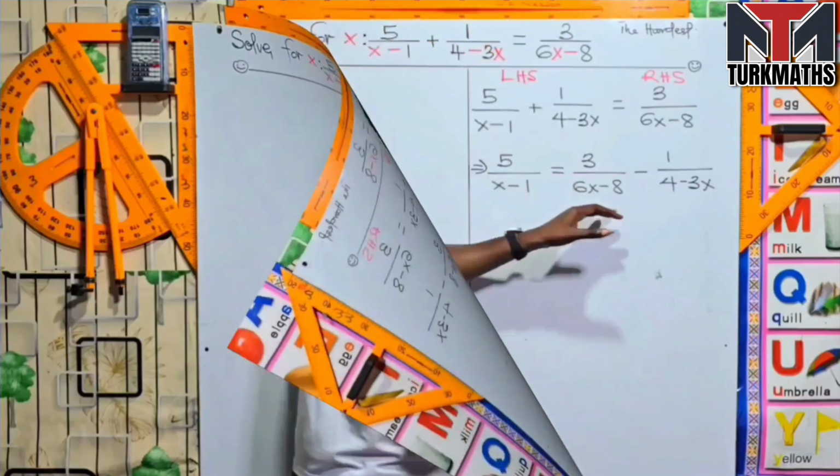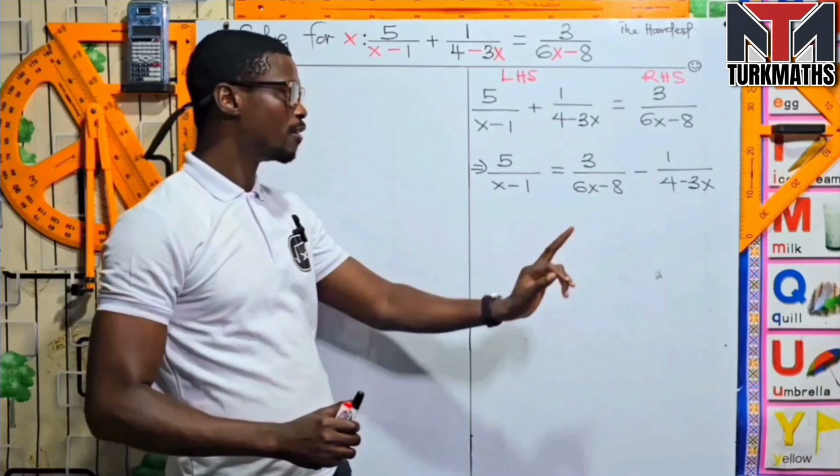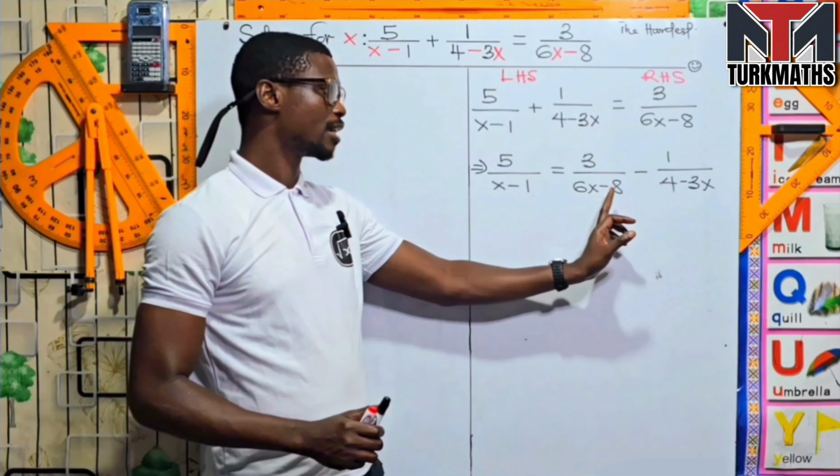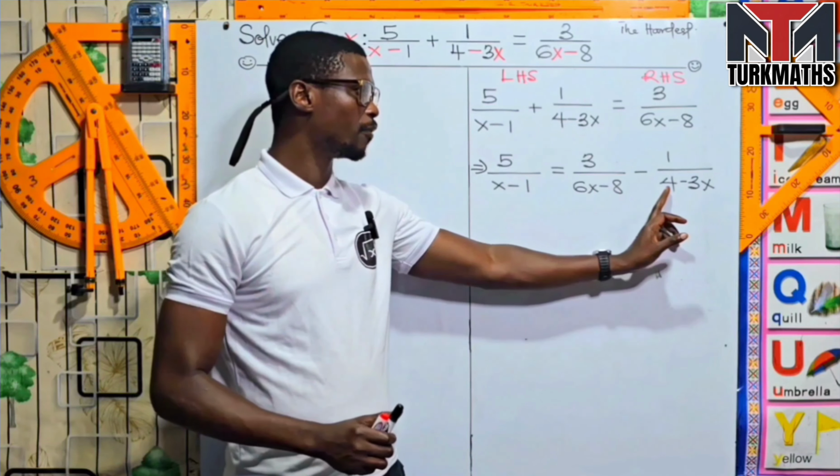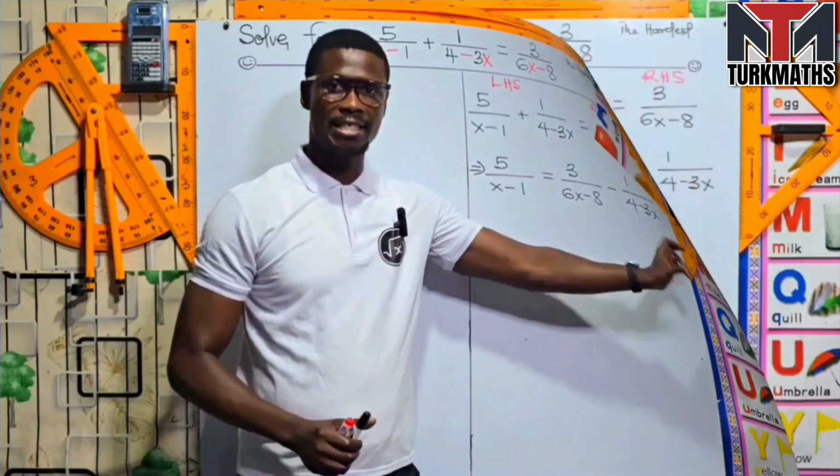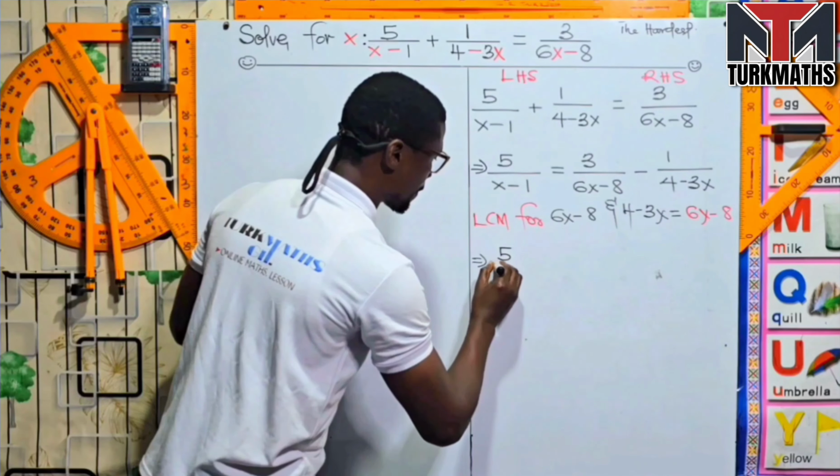The next step here is to find the LCM for 6x minus 8 and 4 minus 3x.